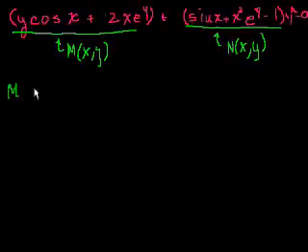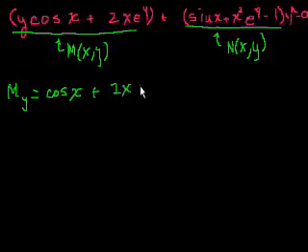The partial of M with respect to y: cosine of x is just a constant, so it's just cosine of x, plus, now, what's the derivative? Well, 2x is just a constant, and the derivative of e to the y with respect to y is just e to the y. So we have the constant on the outside, 2x, times the derivative with respect to y, so it's 2x e to the y. Fair enough.